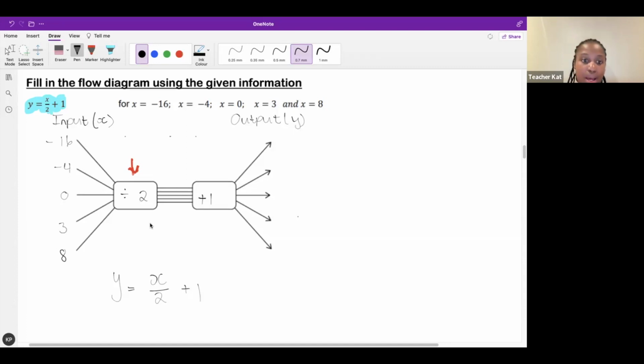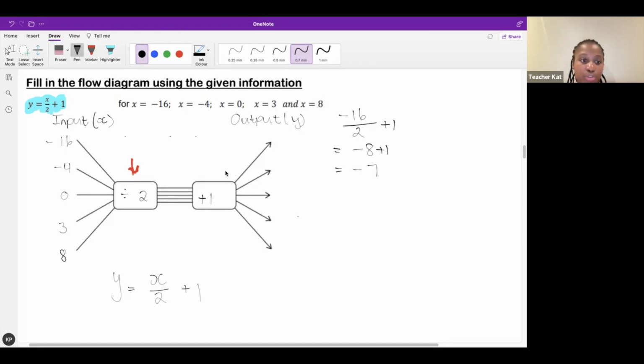Now let's fill in my outputs over here. Let's start with negative 16 divided by 2 plus 1. What's negative 16 divided by 2? Be careful, don't skip steps. This is negative 8. And if I add 1, what is my answer? Nice. It's negative 7.